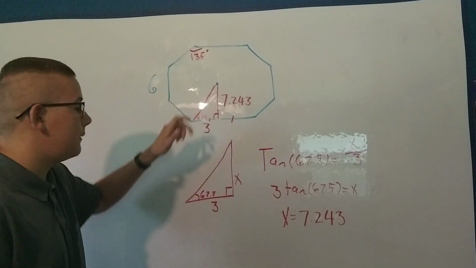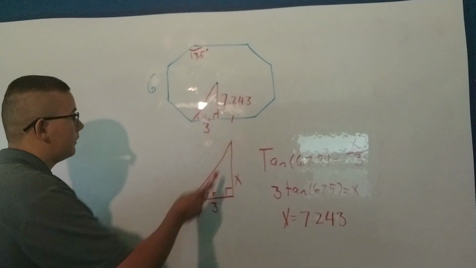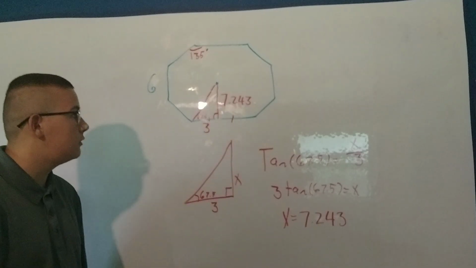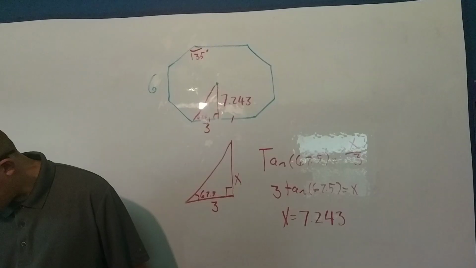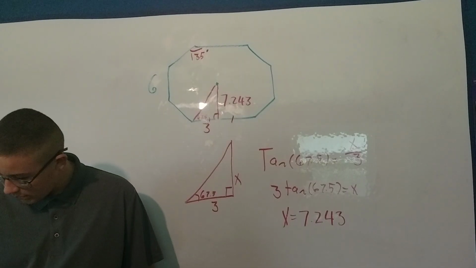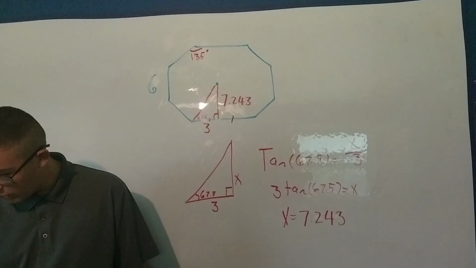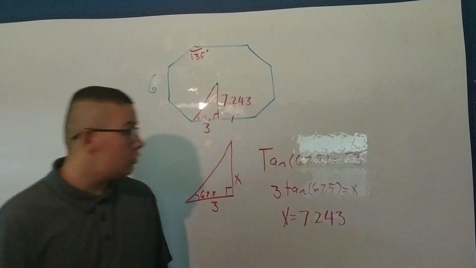First we have to solve for the perimeter. 6 times 8 is 48, times 7.243. So 48 times 7.243 is 347.664. And then remember, we have to multiply it by 1/2 to get 173.832.